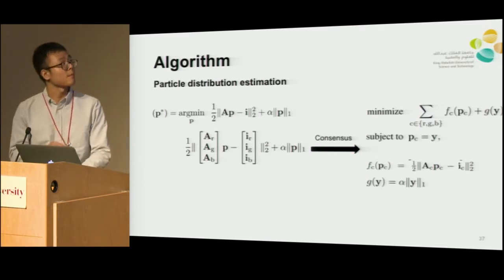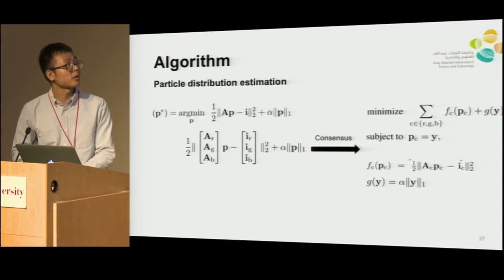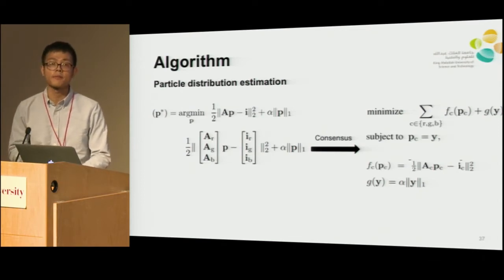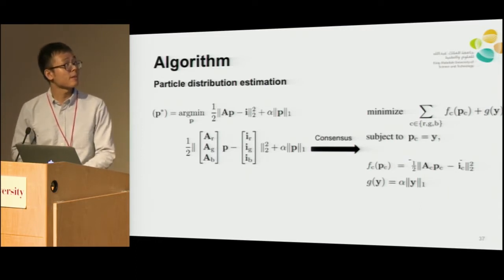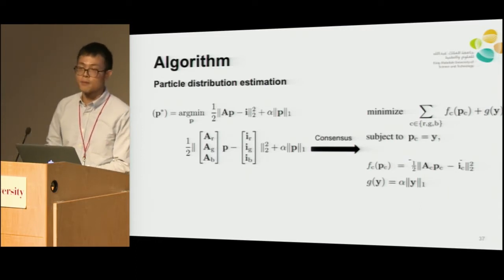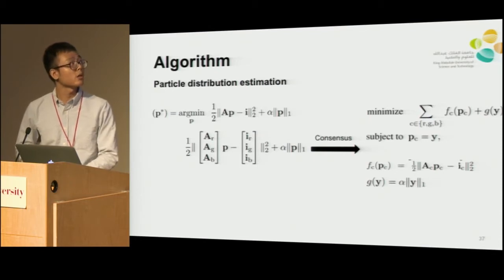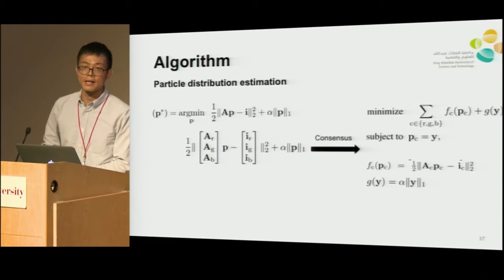In our decomposed algorithm, each sub-problem corresponds to the image formation model with 1 color channel. And the P sub C here means the local primal variables. And all the local variables are constrained by a common global variable Y.